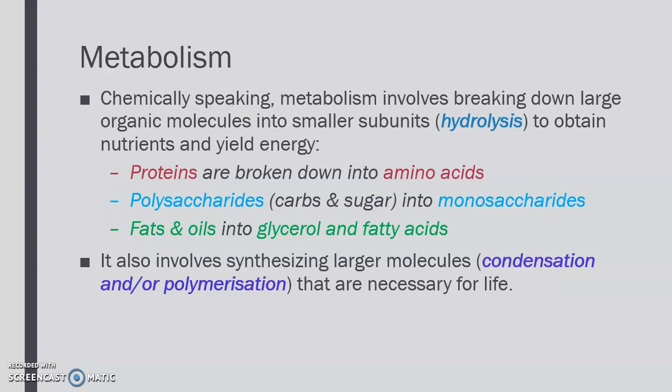Once it reaches where it's needed, then the process of synthesizing occurs. So basically, we break down through hydrolysis reaction, and then once it reaches the place where it's needed, the synthesizing, basically a condensation reaction, happens, where the subunits are synthesized into larger molecules again.